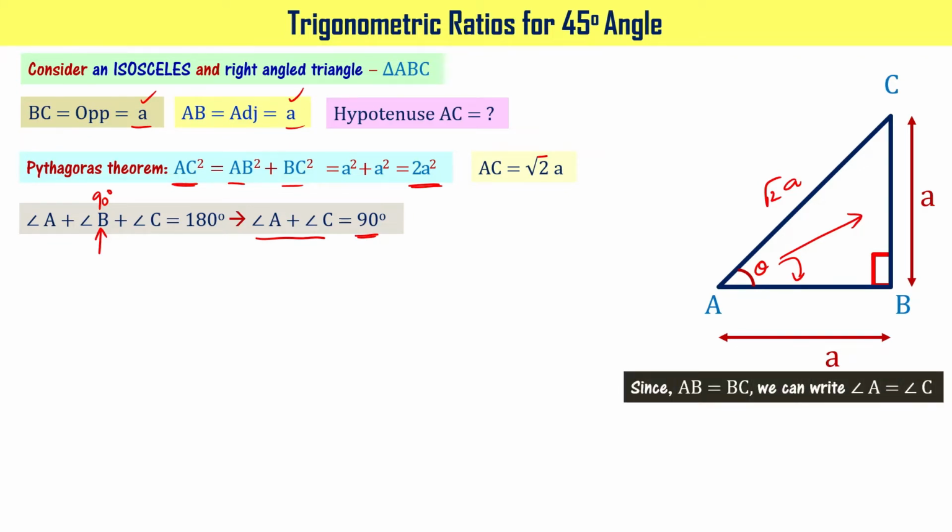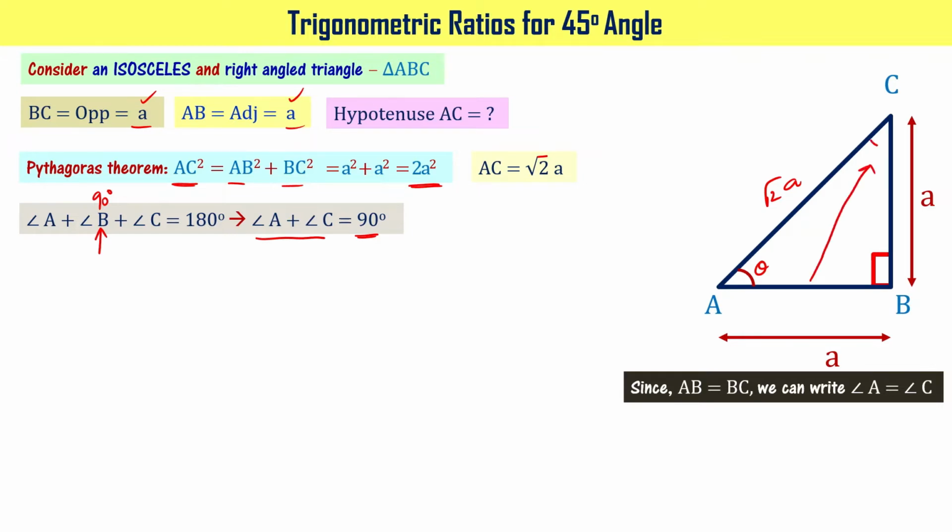Since AB and BC are of equal length, because the triangle is an isosceles triangle, right? We know that in an isosceles triangle, two sides are of equal length and two angles are going to be equal. What are those angles? The angles opposite to the equal sides. Okay, the angles opposite to equal sides are equal.